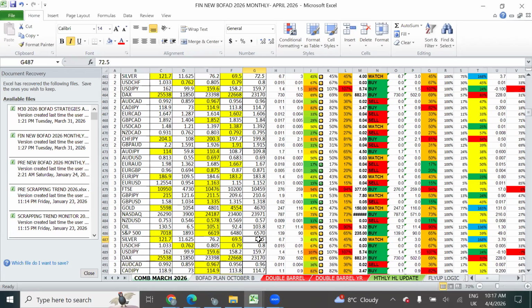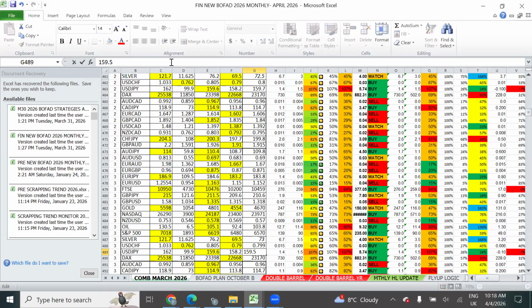So for example, silver, the current price of silver now is 73. So the highest is also 73 and the lowest is, so this has not changed. Okay, so USD CHF 0.8, 0.799, 159.5.